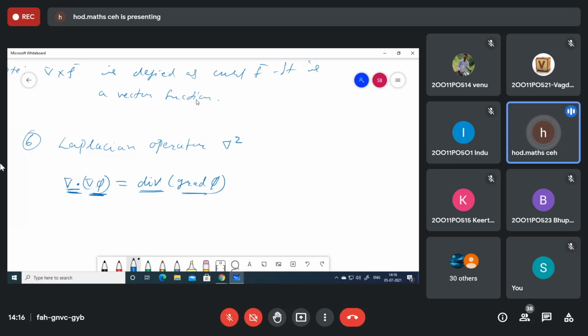Now to calculate divergence of something, the something has to be a vector point function. And gradient of phi means what? A vector only, na? Is it or not? Gradient of phi is a scalar function or a vector function? Please answer.